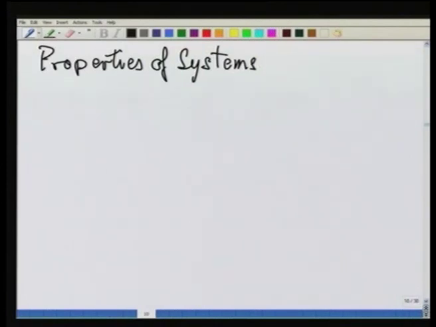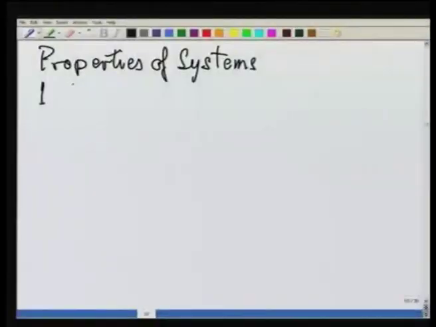The first property that I would like to discuss is a property of memory or of not having memory. Most of these properties represent simplifications of a general system.